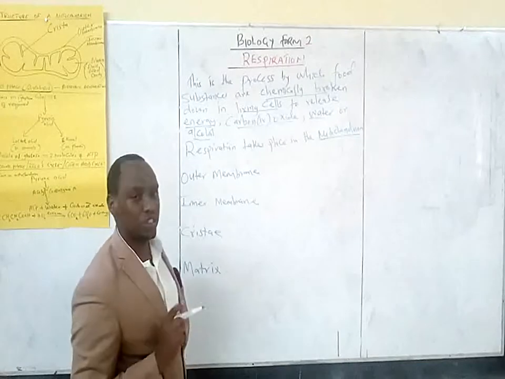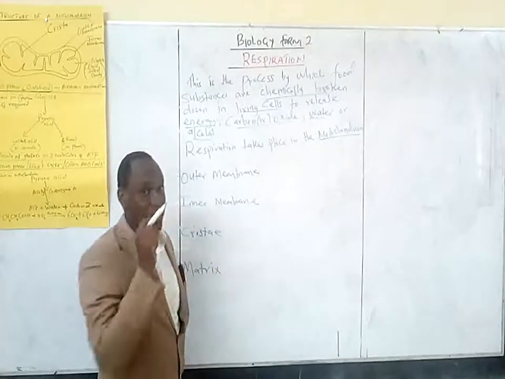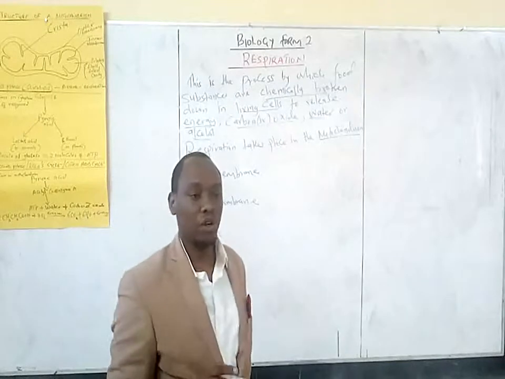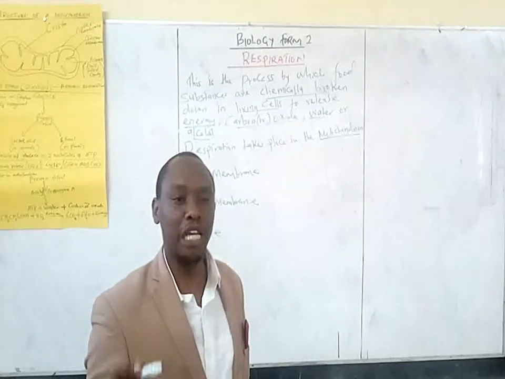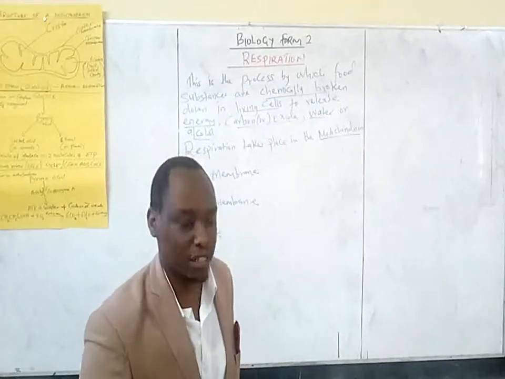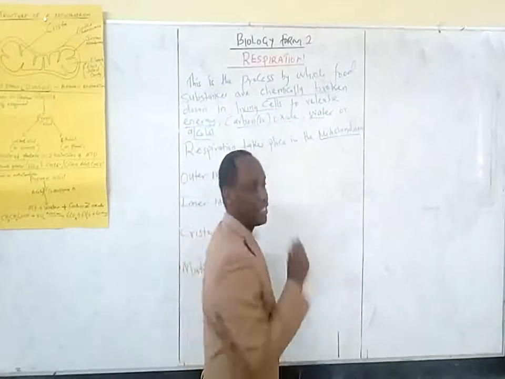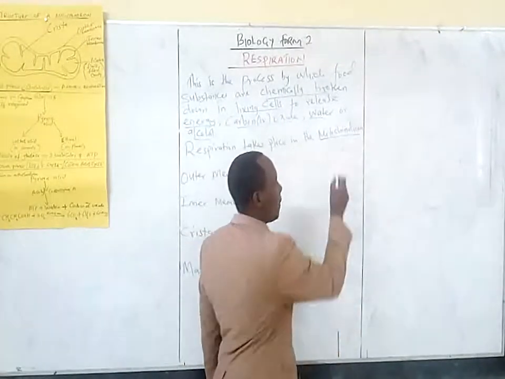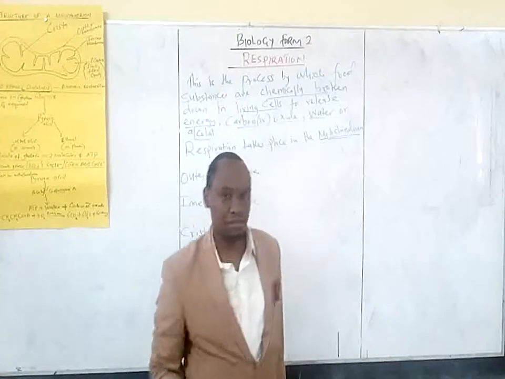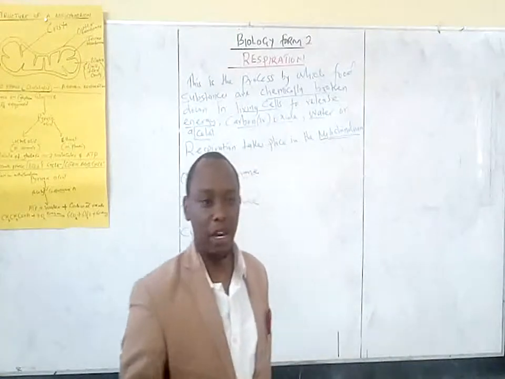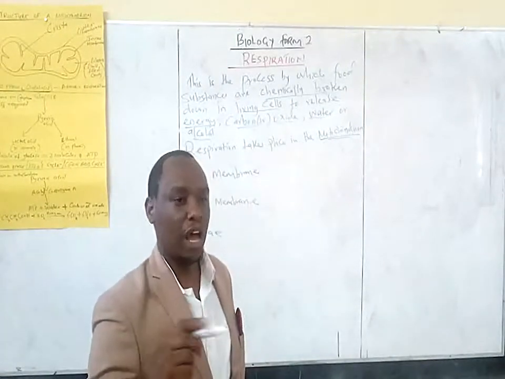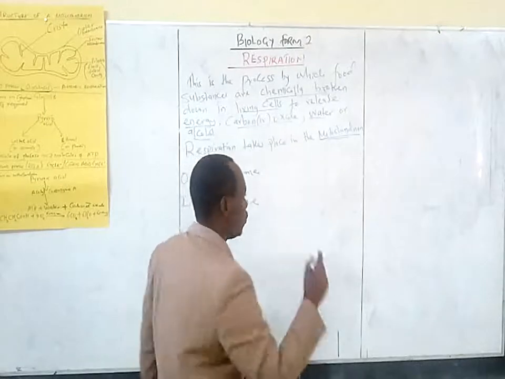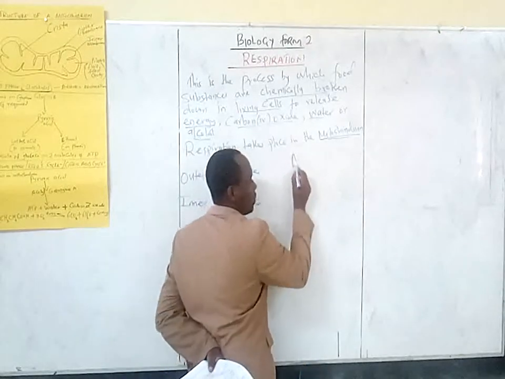The other thing you need to know is that you can be asked a question: where does respiration take place in living cells? The answer is, it takes place in the organelle called the mitochondrium. Many mitochondria are called mitochondria, so you need to be very careful with the spelling there.